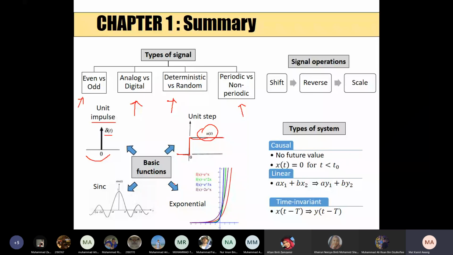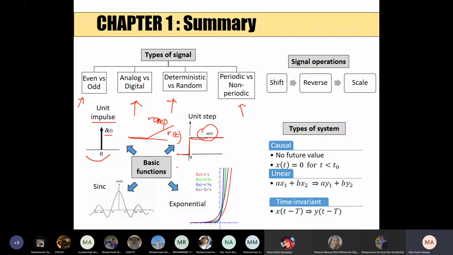Then the unit ramp function, which is r of t.